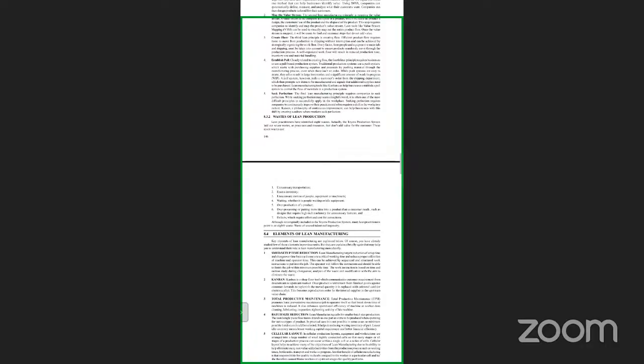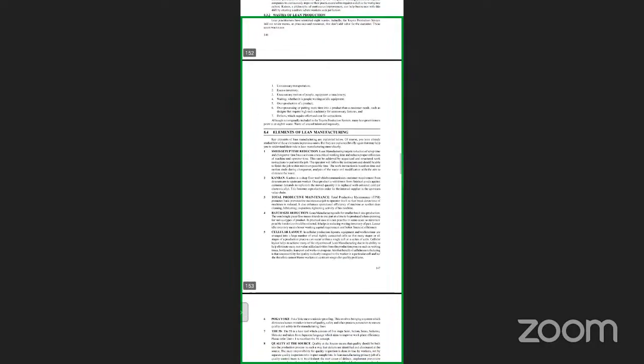They are unnecessary transportation, excess inventory, unnecessary motion of people, equipment or machinery, waiting, whether it is people waiting or idle equipment, overproduction of a product, overprocessing, or putting more time into a product than a customer needs, such as designs that require high-tech machinery for unnecessary features, and defects which require effort and cost for corrections.